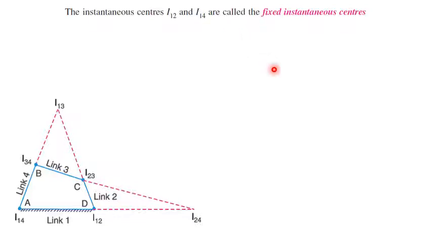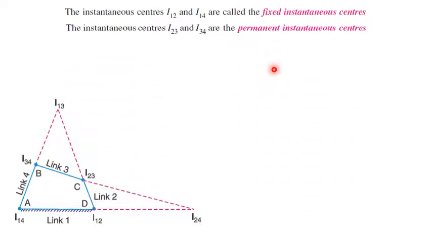They do not change their position for any configuration of the mechanism. That's why they are called fixed instantaneous centers. As the configuration changes, these instantaneous center positions will never change.